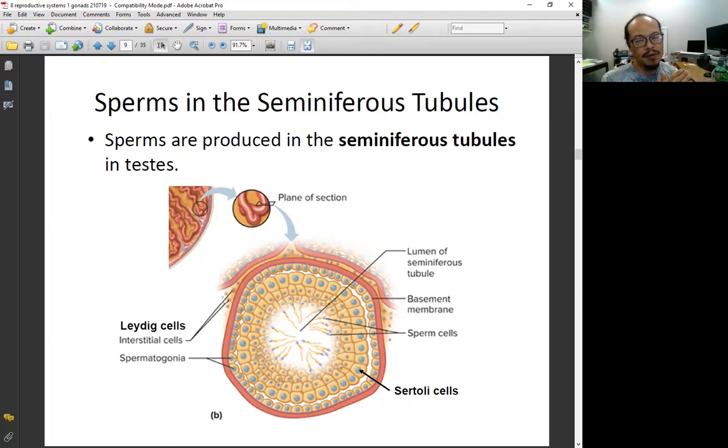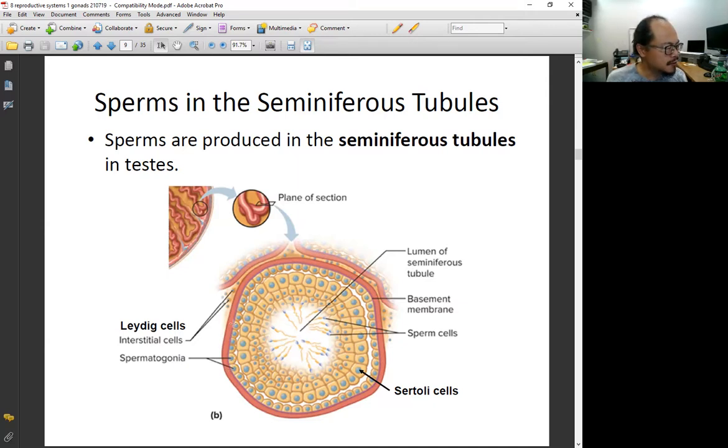So after birth, in the adult female, the oocyte number will be fixed. There will be no more oocyte production. However, sperm is different. There will be continuous replenishment of the sperm throughout the adulthood of the male.